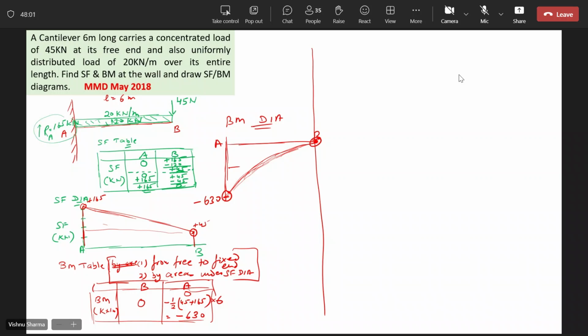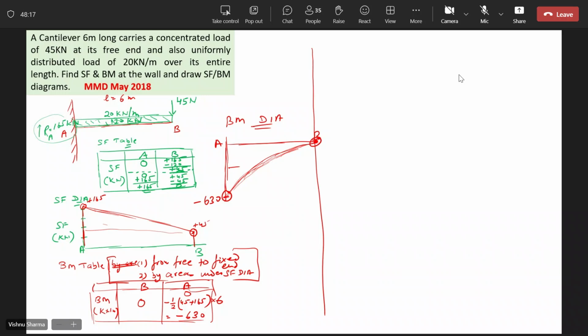What they were doing is they were going in the BM also from left to right, and they were getting plus 630 kilonewton meter BM at end B. Now, if there is a BM about end B, the beam cannot be in static equilibrium.